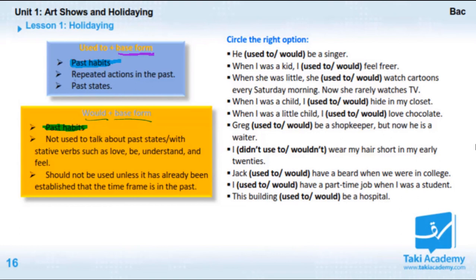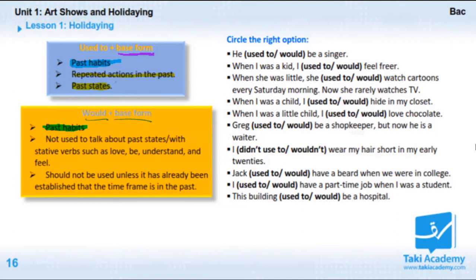Now, used to is used in order to talk about repeated actions in the past, and you can use it to talk about past states. Let's have an example for each. A past habit, for example, when I was a kid, I used to cut my hair really short.